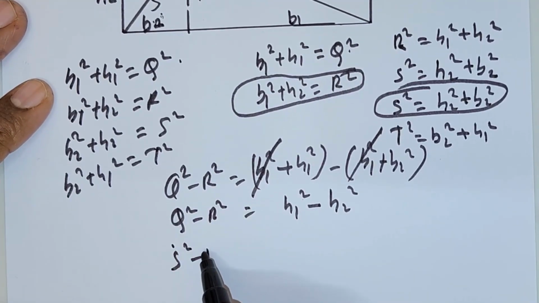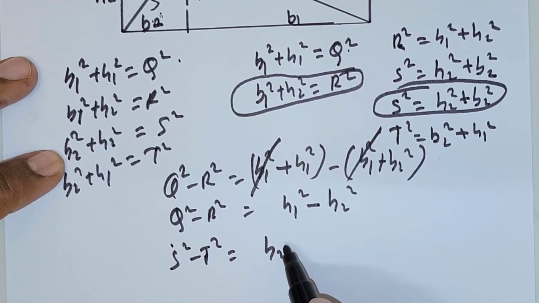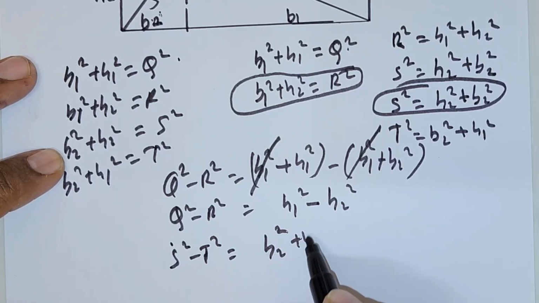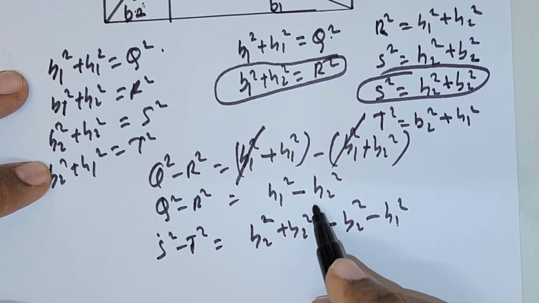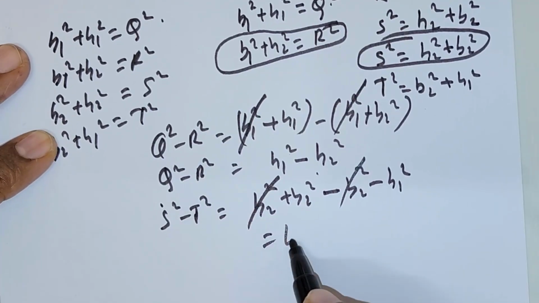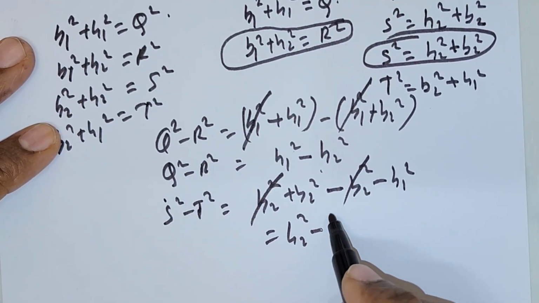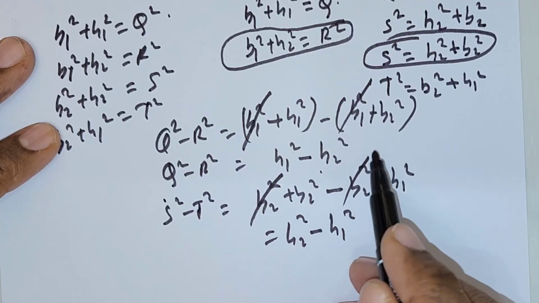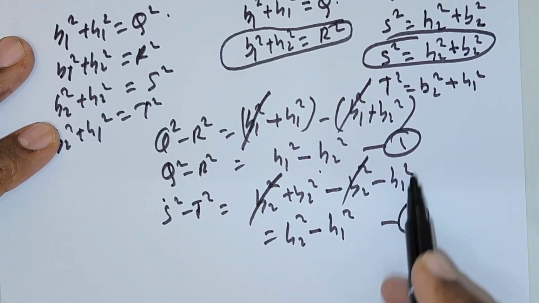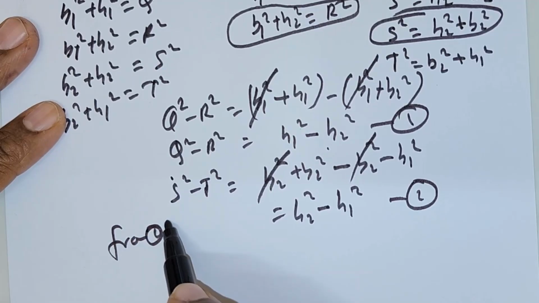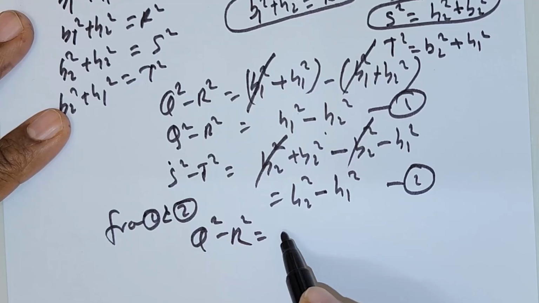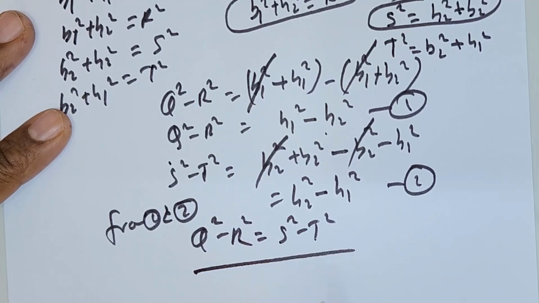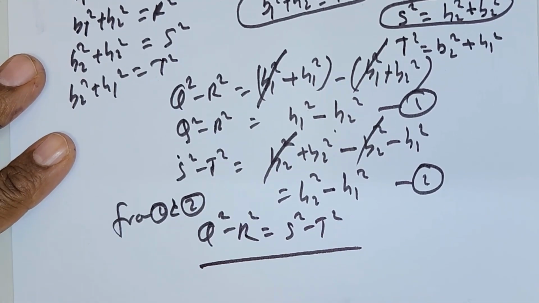Now if I were to consider s squared minus t squared, this will be b2 squared plus h2 squared minus b2 squared minus h1 squared. So b2 squared goes off, giving you h2 squared minus h1 squared. Clearly, if I take these as 1 and 2, from 1 and 2 we got q squared minus r squared is equal to s squared minus t squared. This is what we have got.